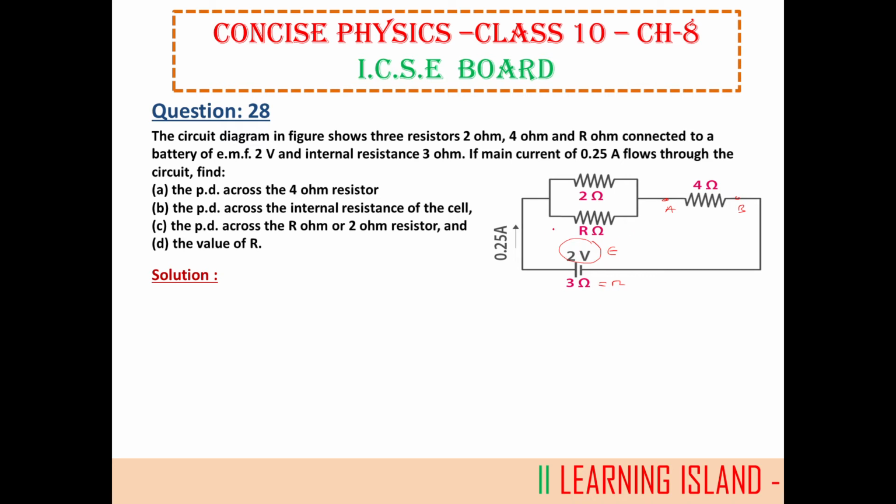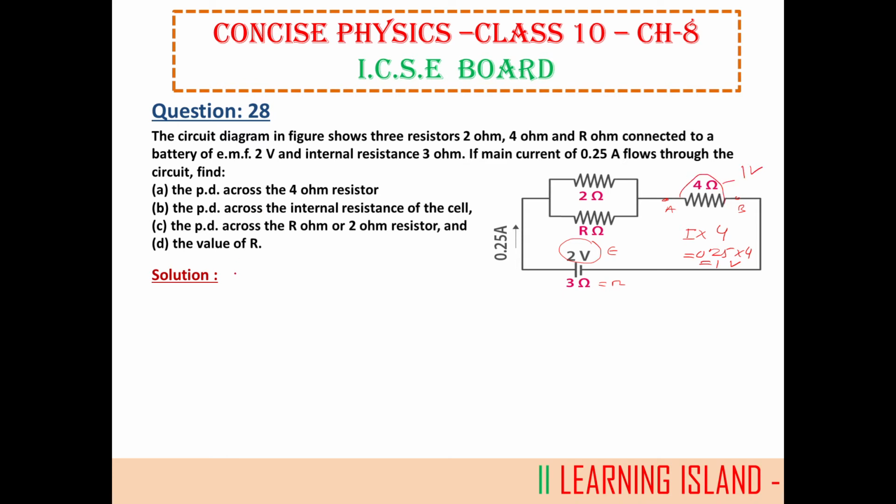Here you see, as the current is 0.25 ampere flowing through this, the potential difference would be I into R, that is 4 ohm. So I is 0.25 into 4 will be equal to 1 volt. So here the voltage drop is 1 volt.